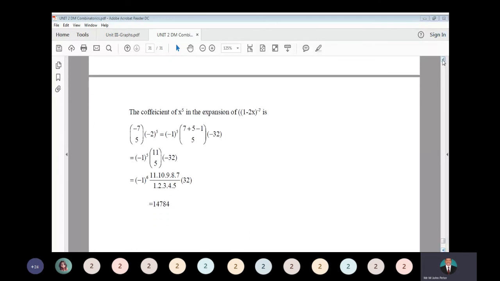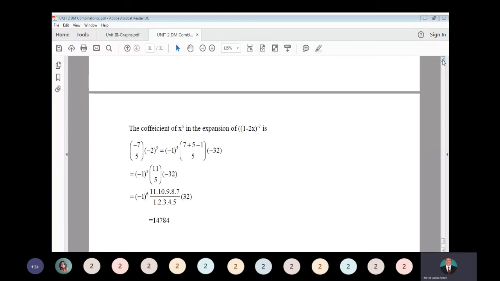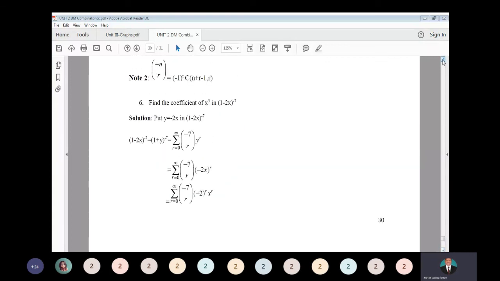Here, for minus 7 choose 5, we use the concept (minus n choose r) is equal to (minus 1)^r C(n plus r minus 1, r). This formula is used in that place. Here n is 7 and r equals 5, so that is (minus 1)^5 C(7 plus 5 minus 1, 5), which becomes 11C5.